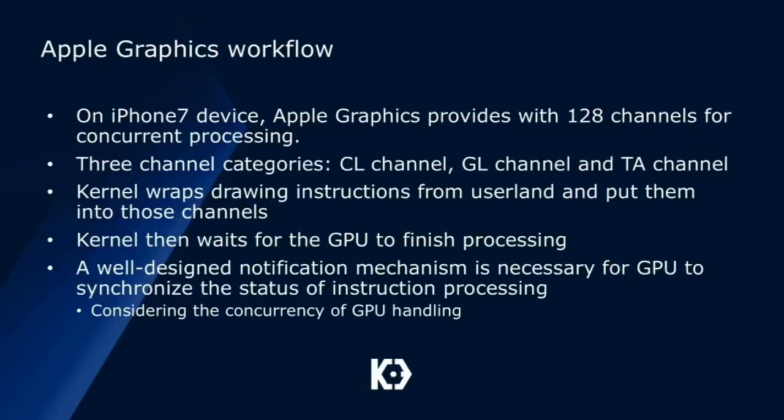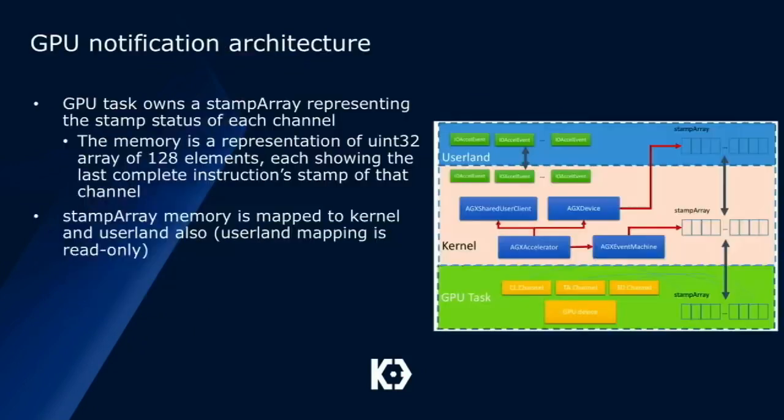The kernel wraps job instructions from userland and puts them into those channels, and then the kernel just waits for the GPU to finish processing. Because of that, a well-designed notification mechanism is very necessary to support such high demand for concurrent processing. Here is a brief architecture of the notification.